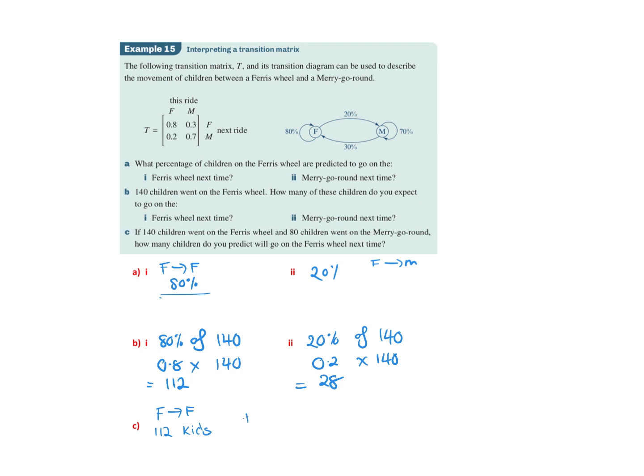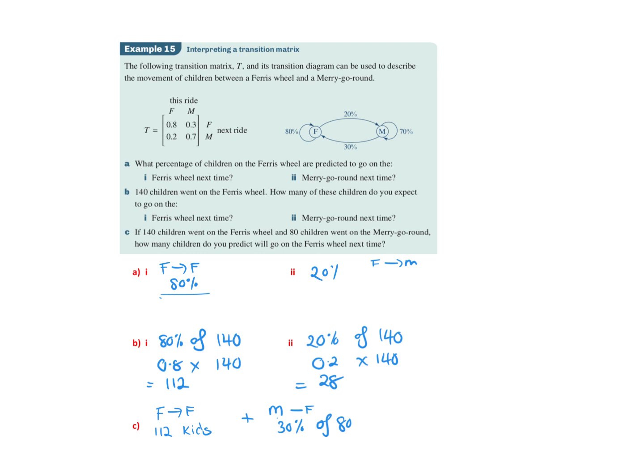But we also need to add the ones that were on the merry-go-round going to the Ferris wheel. What percentage was that when we went merry-go-round to Ferris wheel? 30? Are you happy with that if I said 30? Yeah. So it's 30% of the kids on the merry-go-round, which they've told me is 80.